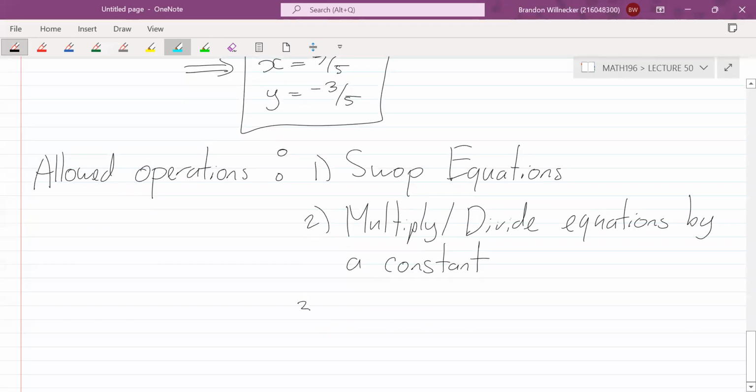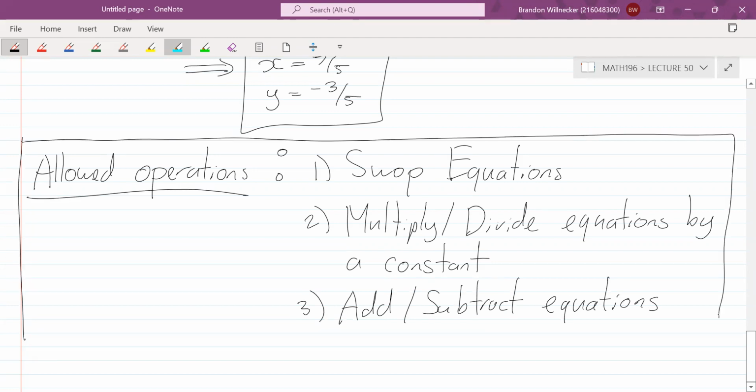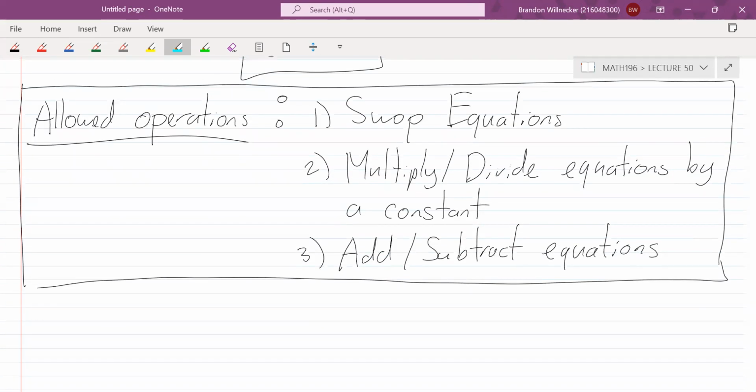Okay, and number three, we can add or subtract equations. Okay, so these are the operations that we are allowed to do. Okay, I hope that makes some sense now. Okay, so let's look at another example.